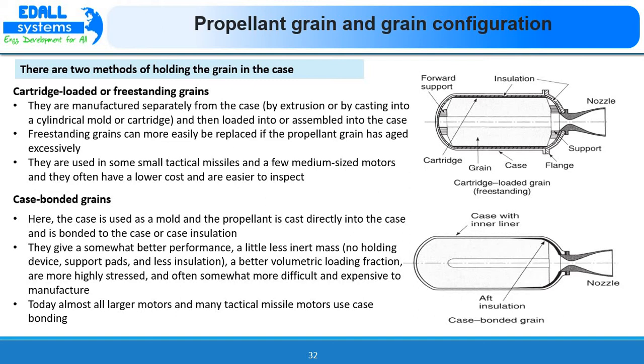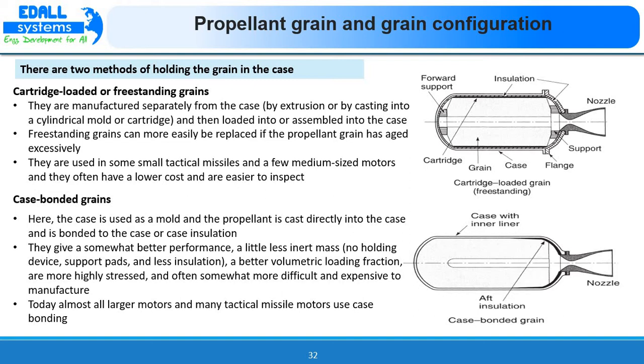Today almost all larger motors and many tactical missile motors use case bonding. In the case bonding type, the case itself is used as the mold and the propellant is directly cast inside it. So the advantage is that it will have a little less inert mass, that is no holding device or support pads, and less insulation as was required in the freestanding grain. But again they are more highly stressed and somewhat more difficult and expensive to manufacture.